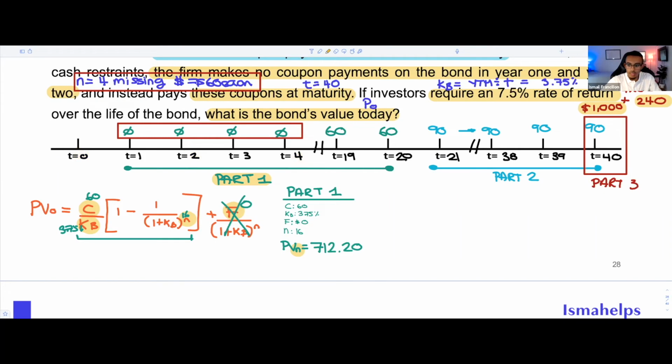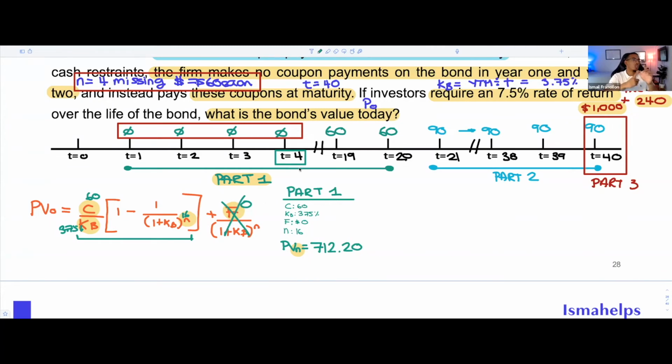But this is important, because this present value, we're going to highlight it on our timeline, is actually at T4. For all intents and purposes, it's at T4. The reason why it's at T4 is that our payments only began at T5.